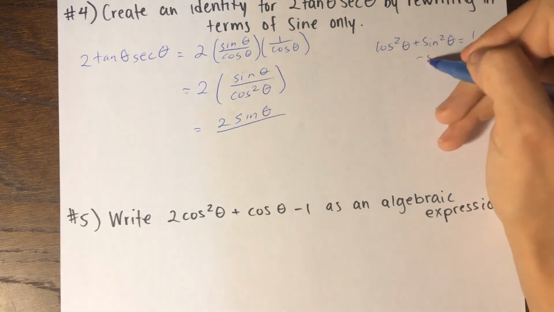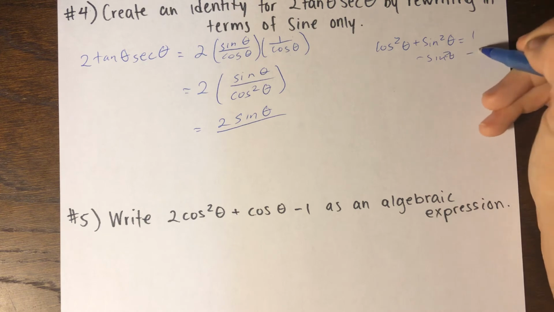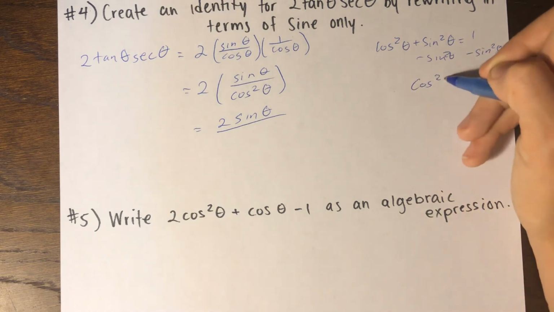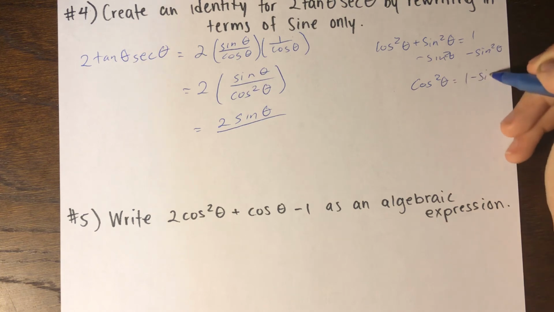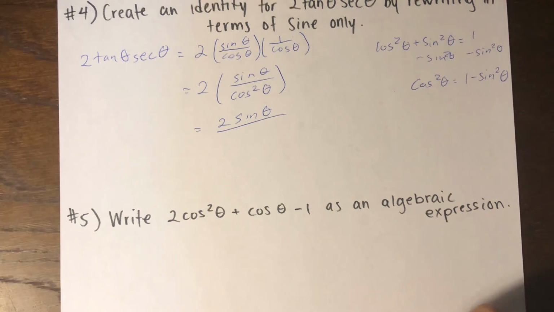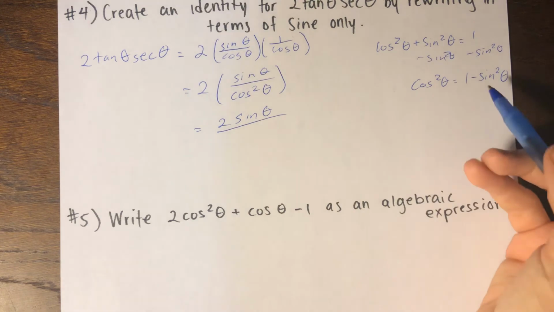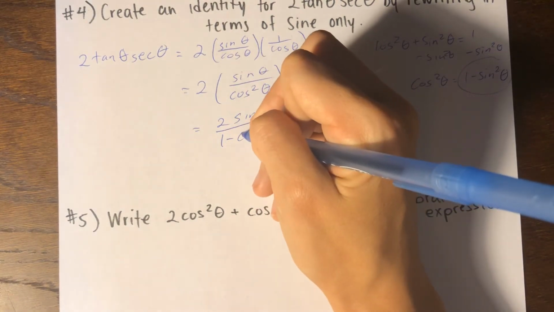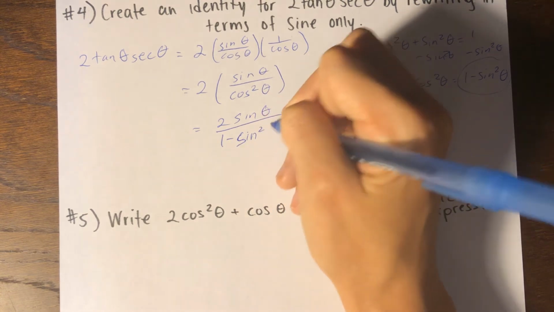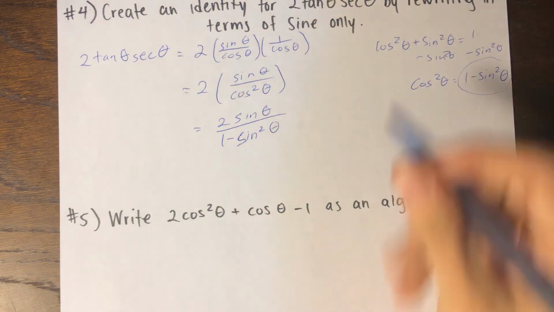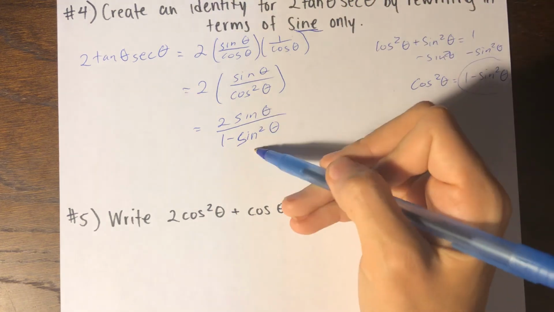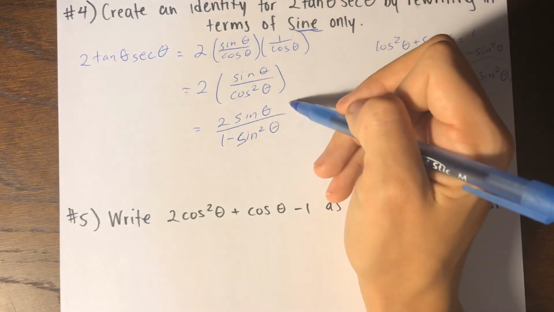Solving for cosine squared, I subtract sine squared, so cosine squared theta is equal to 1 minus sine squared theta. So where cosine squared is, I can just write 1 minus sine squared theta. They said to rewrite in terms of sine only, and sine is the only term I have.